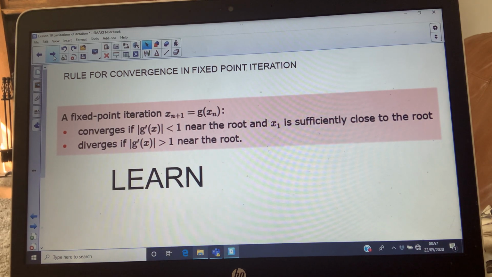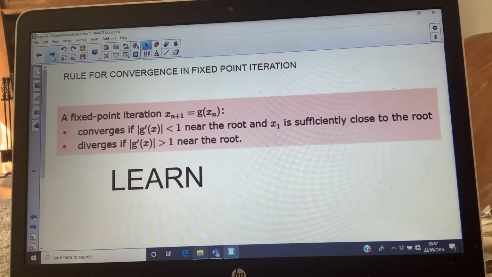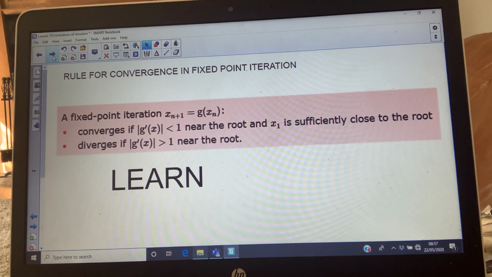So fixed point iteration written in this form converges if the size of the gradient, remember those modular symbols mean size, is less than 1. So that means you have a small gradient, and it can be a small positive gradient, and a small negative gradient.